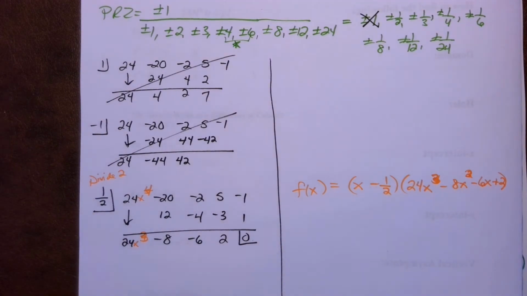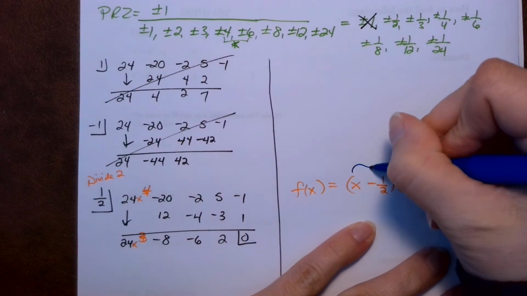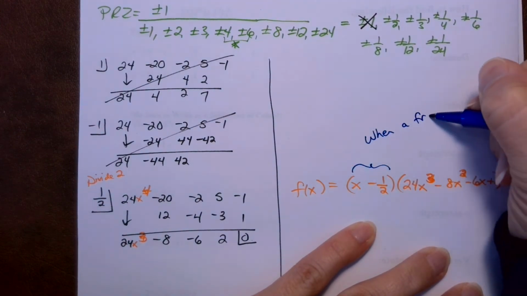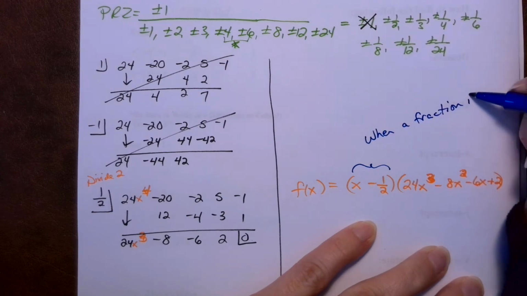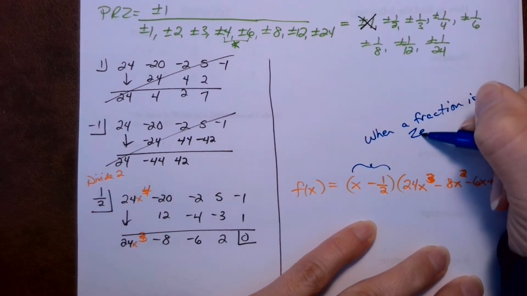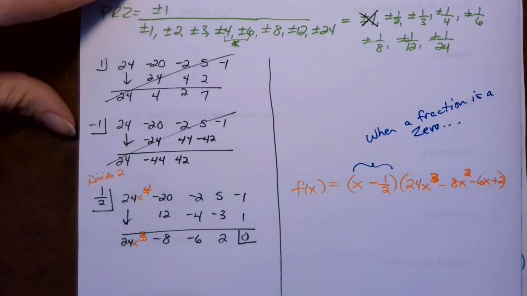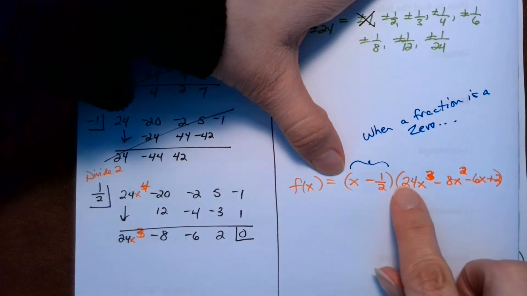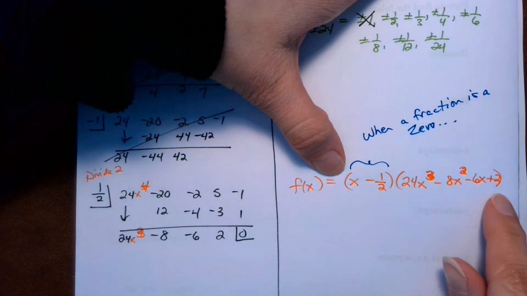All right, now what are we supposed to do when we get a fraction? Whenever you get a fraction, when a fraction is a 0, okay, what are we going to do? Okay, we want to clean this up. Over here, all of these numbers are even.